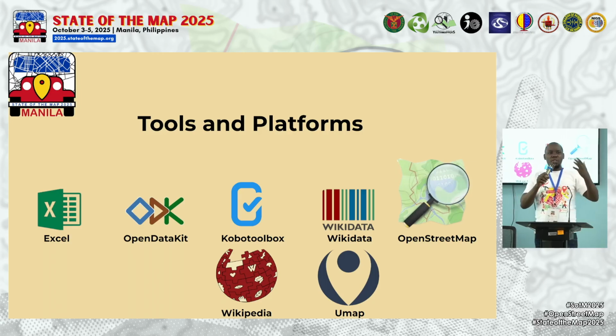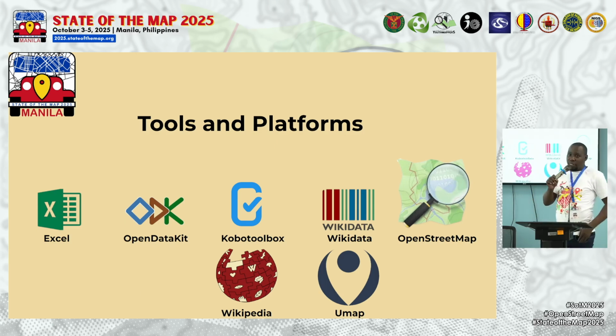Once the questions were approved, I went ahead and created the questionnaires in Excel. They were hosted on Kobo and then accessed via ODK to download the questionnaires, and data collection was done.